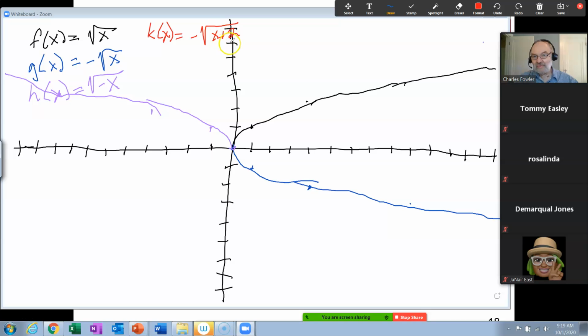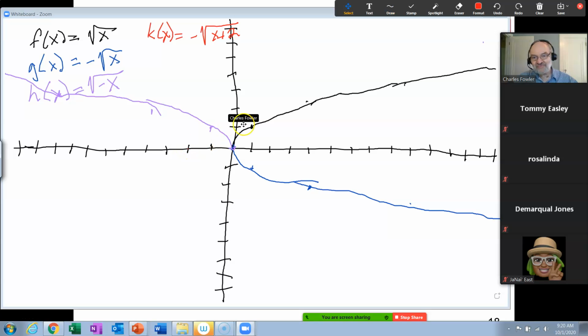But then what do you do here? x plus 2. We did it before. That's a shift of 2 places to the left. Remember, everything dealing with x is backwards. Since it's added to x, that means you shift left 2 on the horizontal axis, and you negate your y. So you're doing both of those at once.